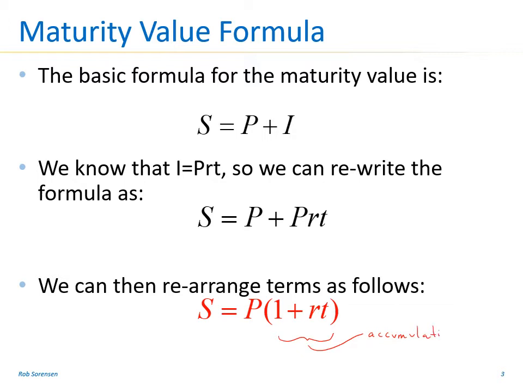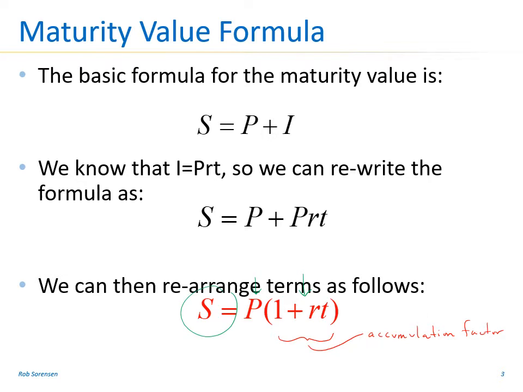Now, I guess you don't really have to know that, but if you're curious or if you come across it, that's what it is. And basically it says if we start with our original principal here, how is it going to accumulate over time to become a greater maturity value? So that's what we want to work with.